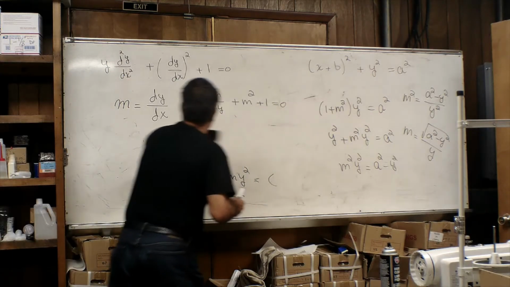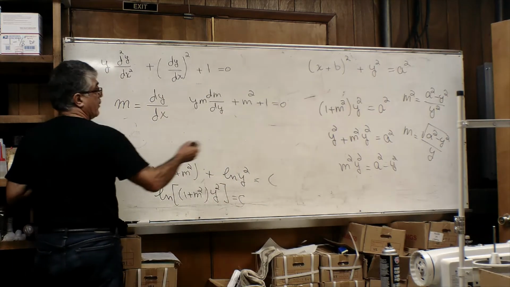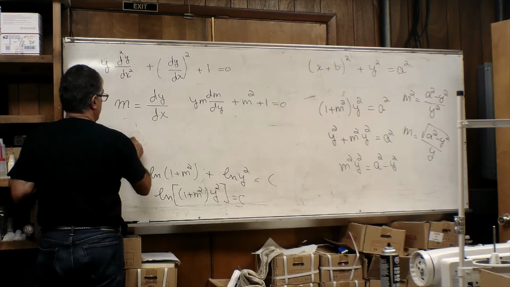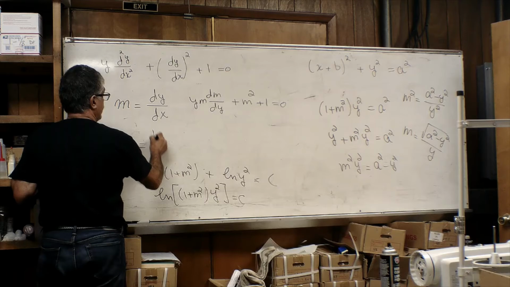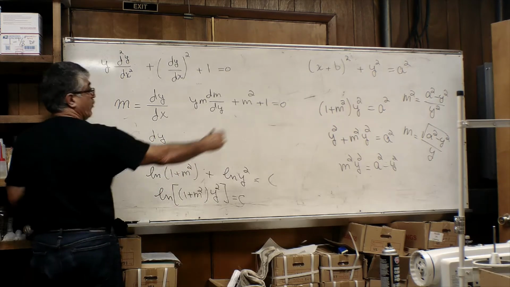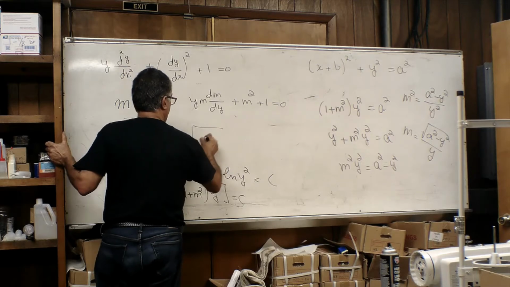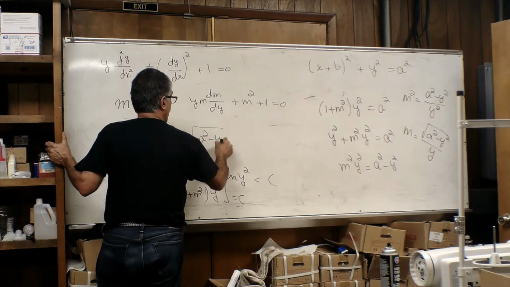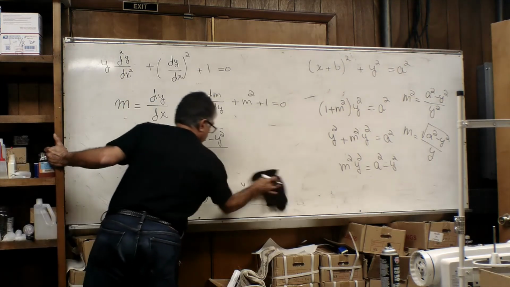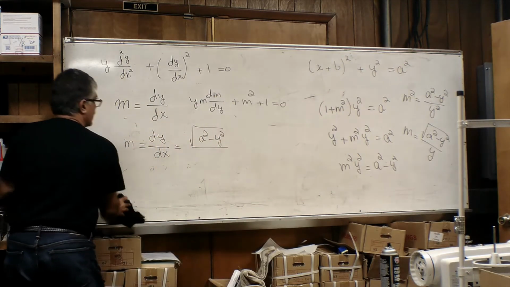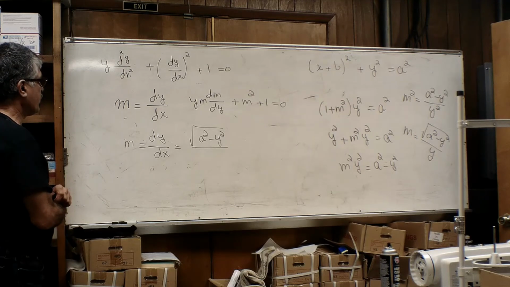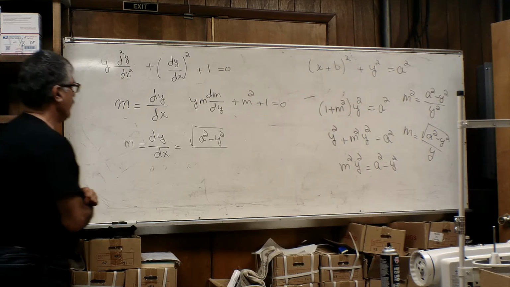So we know that m is equal to dy over dx, which is now equal to the square root of a squared minus y squared divided by y.